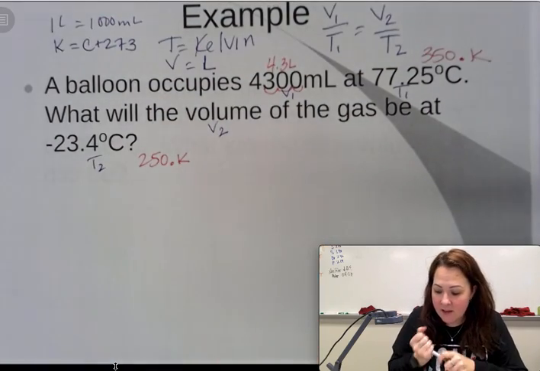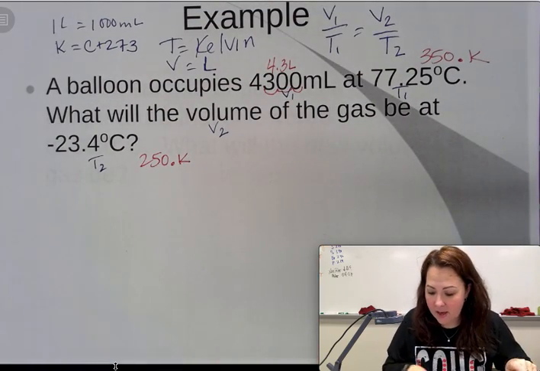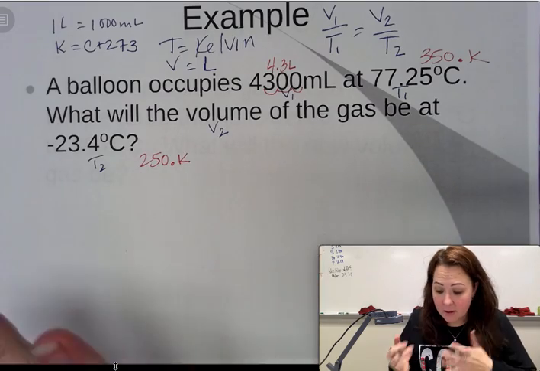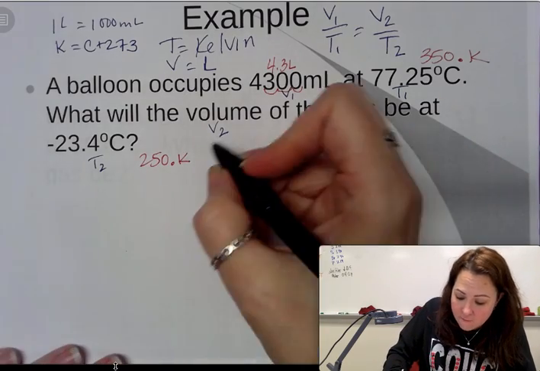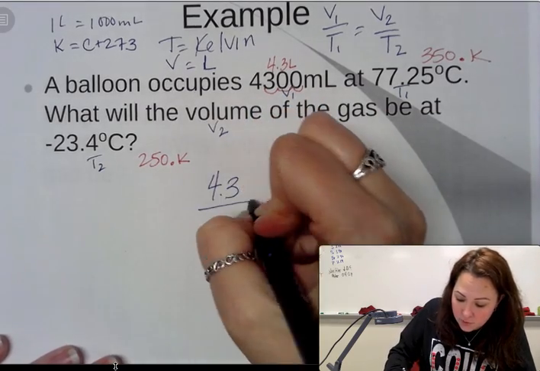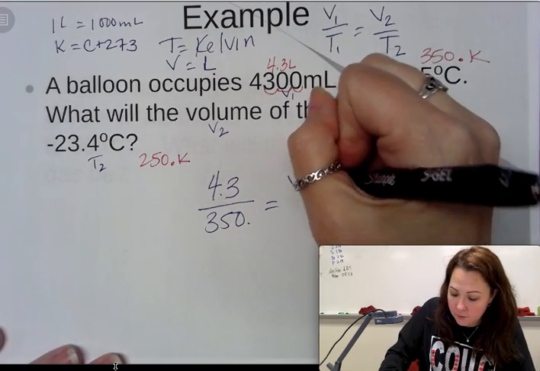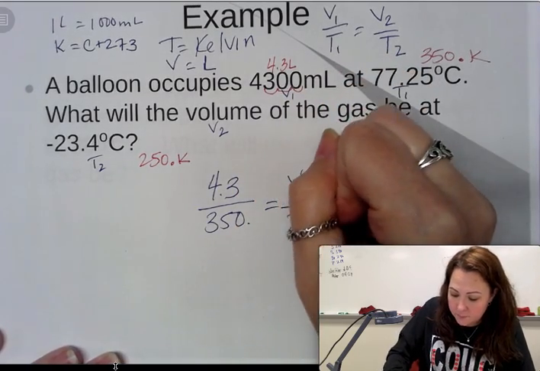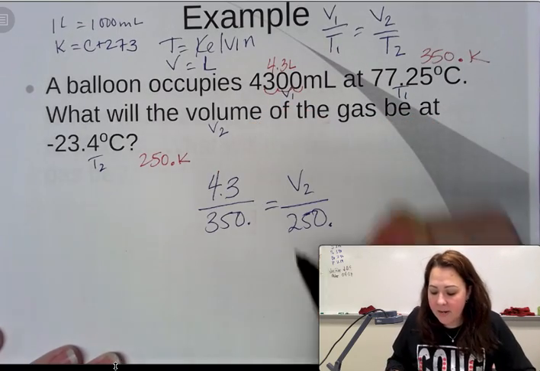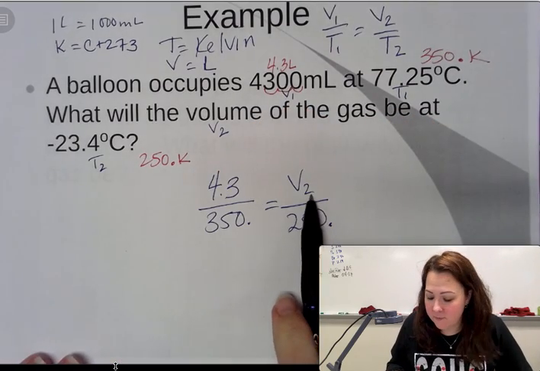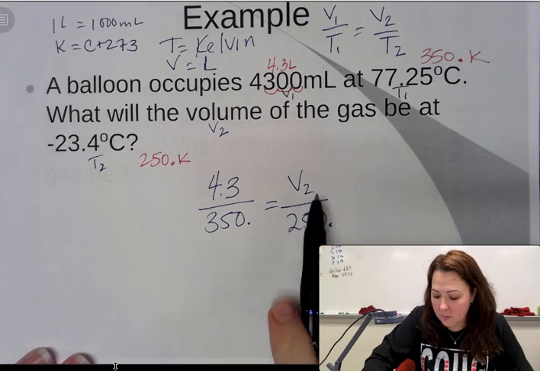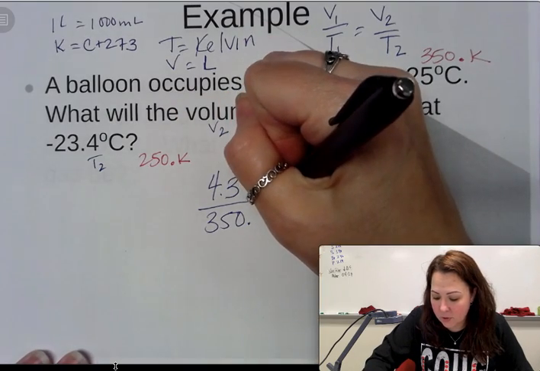So now that I have all of the correct units, I have everything that I need to plug in, I'm just going to plug in my values. 4.3 over 350 is equal to V2 over 250. I need to get V2 all by itself. To get V2 all by itself, we have to cross multiply, just to remind you on how to do this.